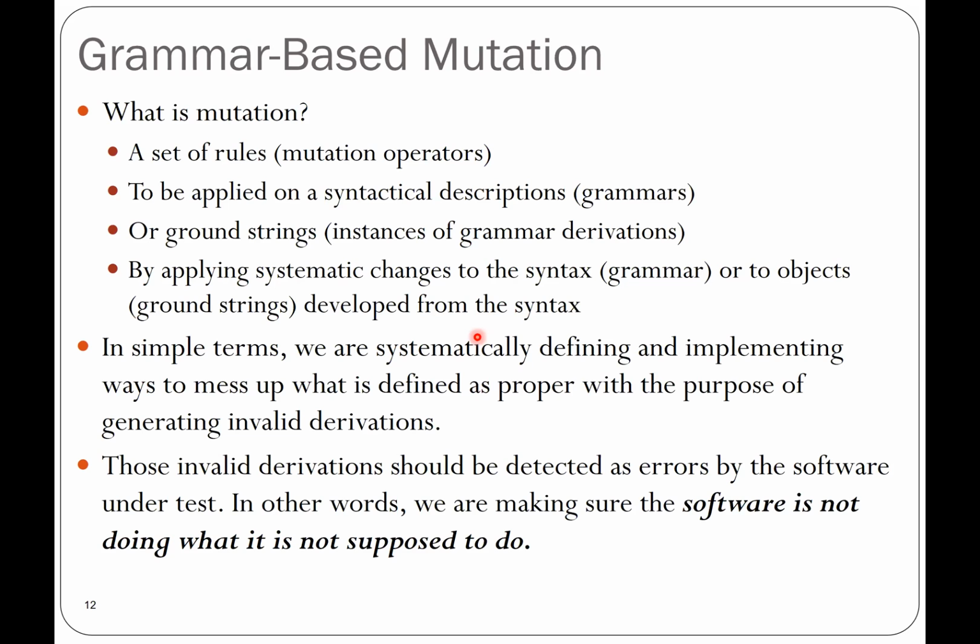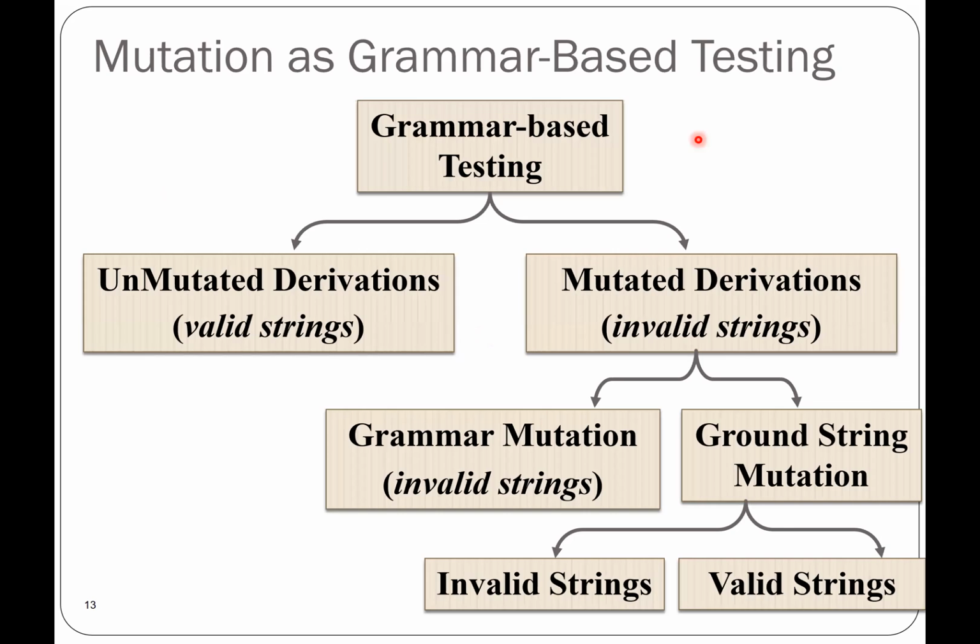So let's go back over here. When we're dealing with grammar-based testing, this is the first half of this chapter where we're dealing with the unmutated derivations, just like we had before, AB plus 1, 2. That's an unmutated derivation, and I do testing for it, and this is the traditional testing that we've been doing since SC100.